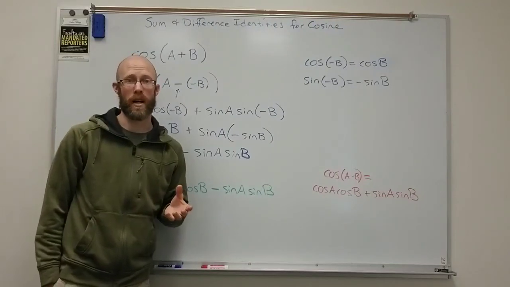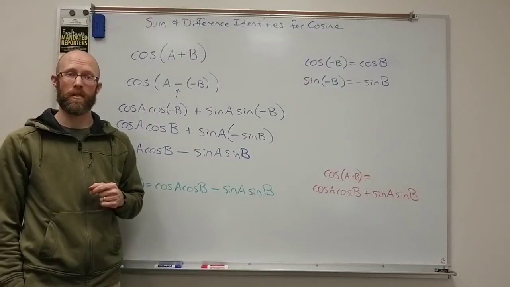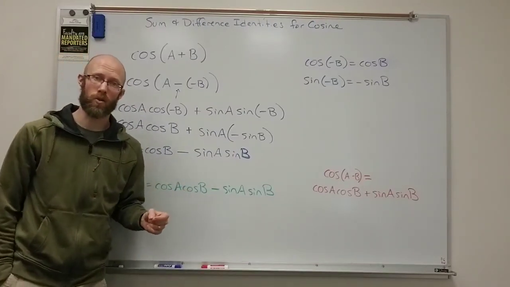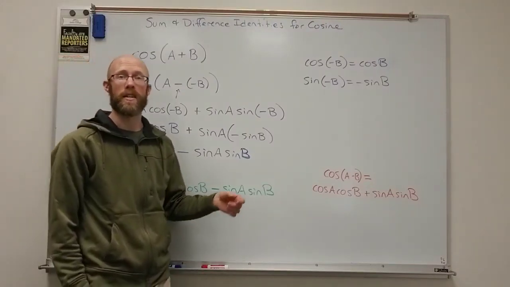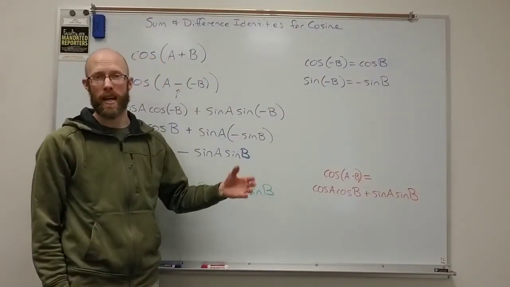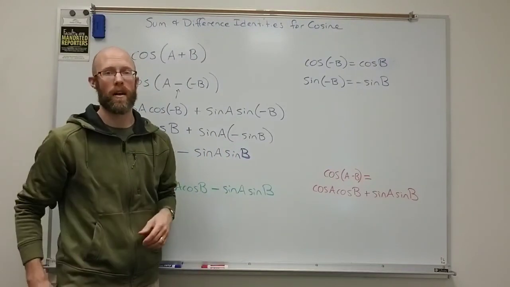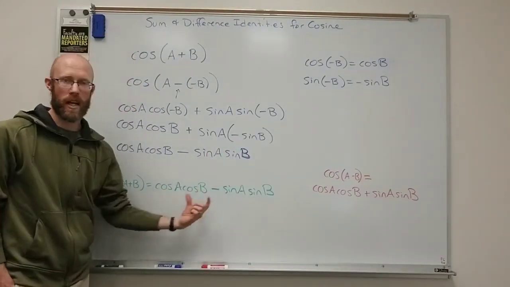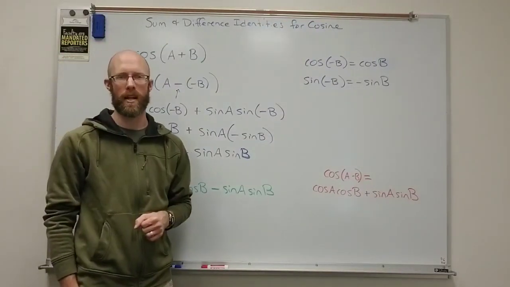Also, coming up in future sections, we're going to be looking at formulas for the sine of A plus B, the sine of A minus B, and the tangent, and stuff like that. So all the other trig functions as well have variations of these formulas. We'll talk about those later on, not in this section.